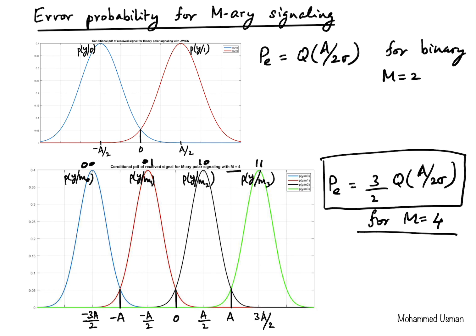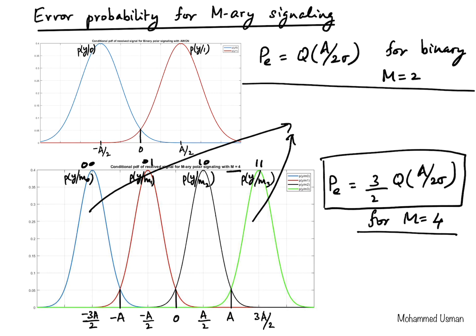Based on that, we notice that the symbols on the extremes, M0 and M3, both have error probability Q of A by 2 sigma.